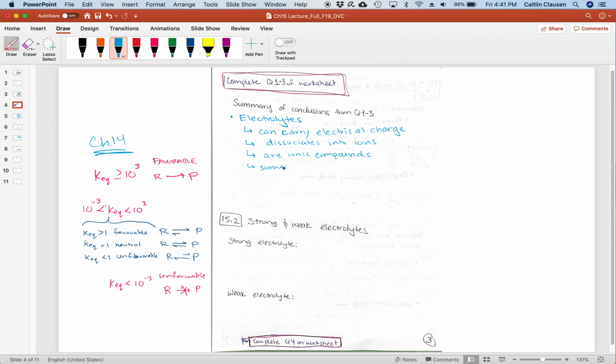So sometimes there are a select few molecular compounds that are considered electrolytes.